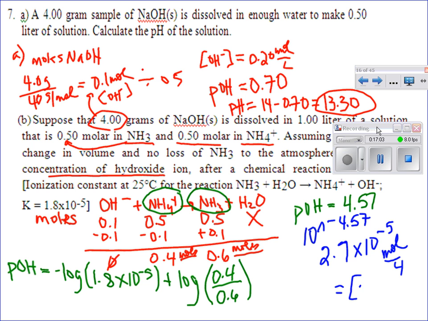I'm doing that to get the OH- concentration. Nine times out of 10, folks are just going to ask you for the pH or the pOH. It's in the older problems that they're more apt to ask you for that concentration. But, all right, again, I'm pausing the video to answer questions.